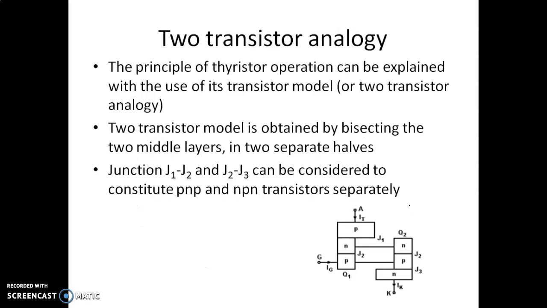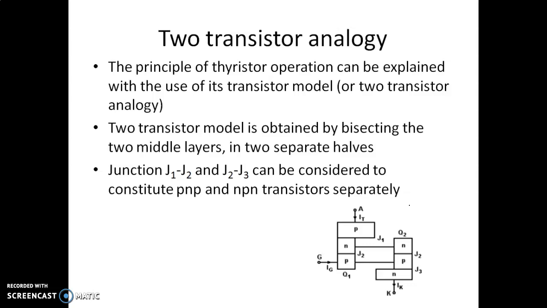Now coming to the principle of thyristor operation. As you know, when you give a positive voltage to the anode with respect to the cathode, the device is forward biased. But if we are not giving any gate current, it is in the forward blocking state.